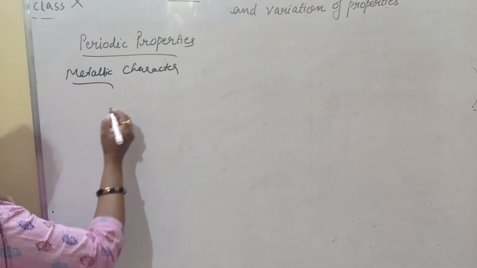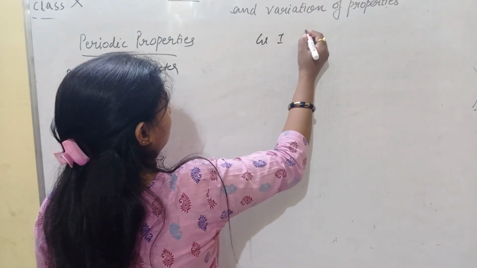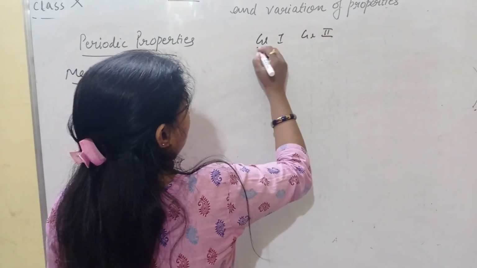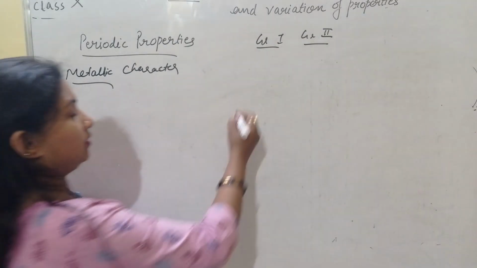See, group 1 and group 2 elements are metals.